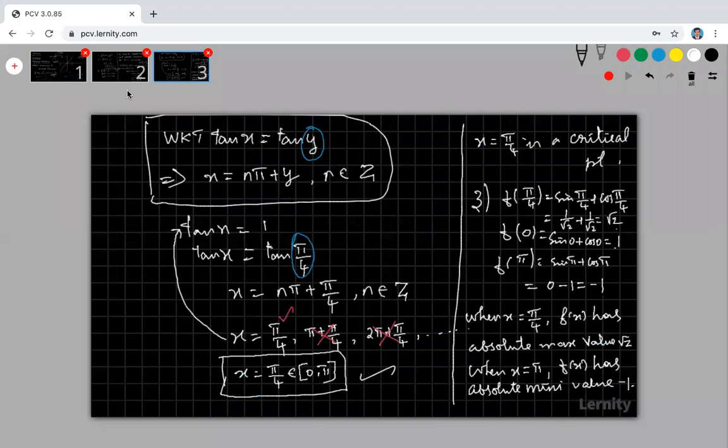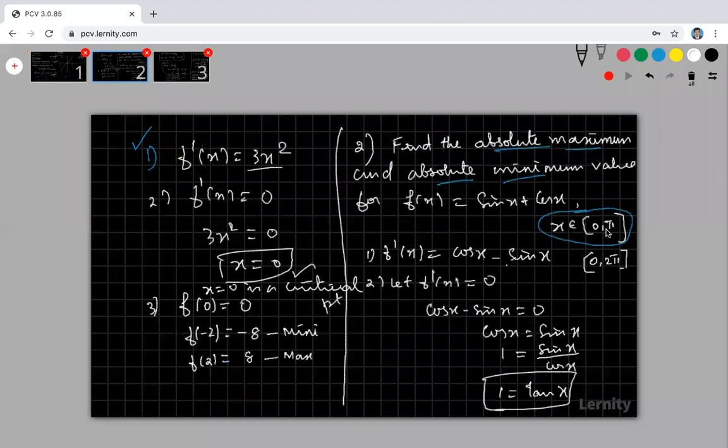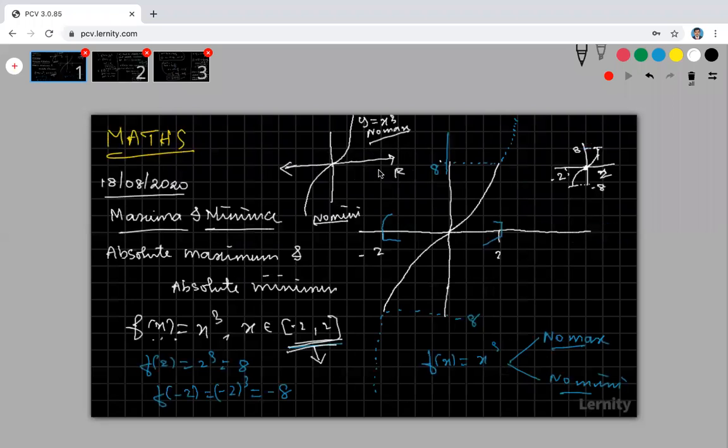So whenever an interval is given in maxima and minima, the question is asking for absolute maximum and absolute minimum. That means you have to find the maximum and minimum of the function in this interval alone. You don't need to consider the entire curve, only the curve from minus 2 to plus 2.